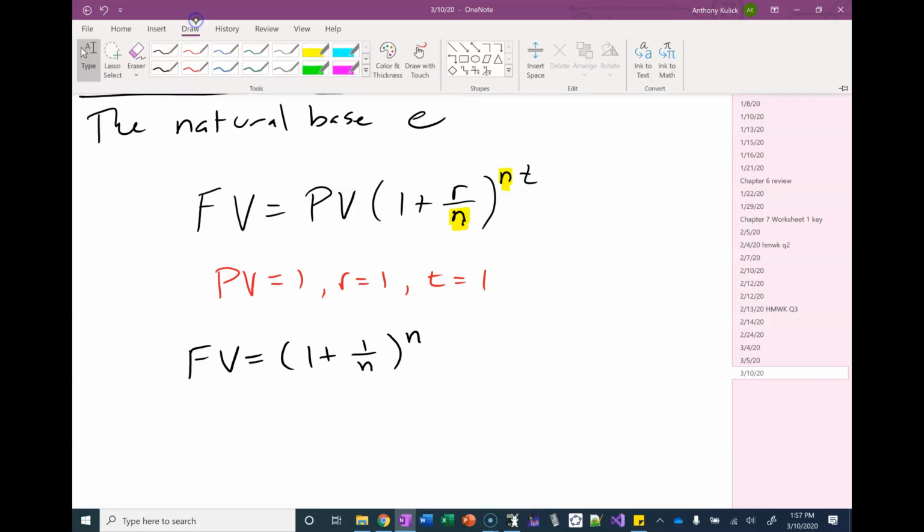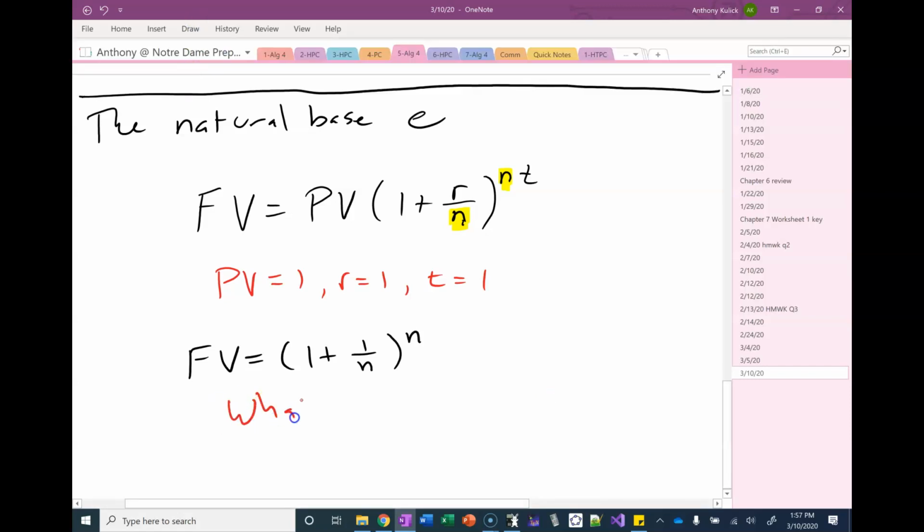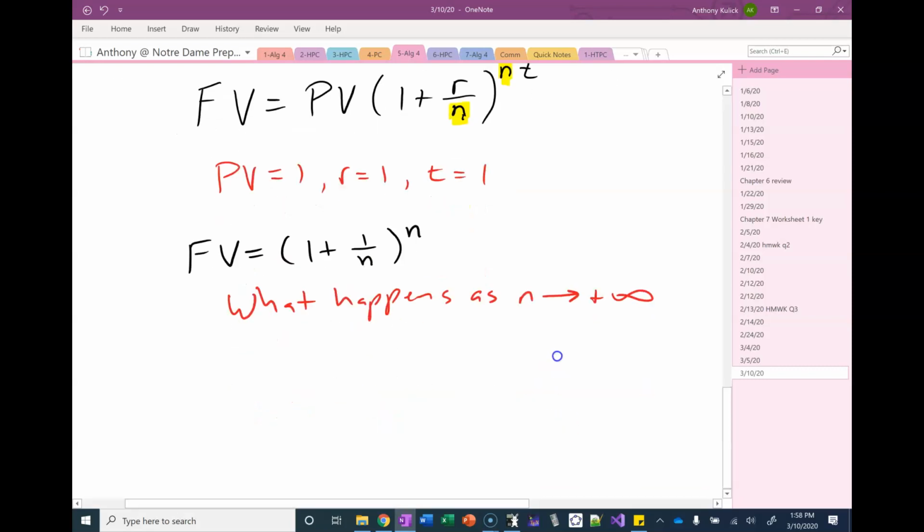And what we're interested in is what happens when n gets really big, when it starts going towards positive infinity. Now, can we just plug the infinity symbol in for n and evaluate this and get a number? No. But what we can do is plug progressively larger values of n in and see if there's a pattern happening. So that's what we're going to do.